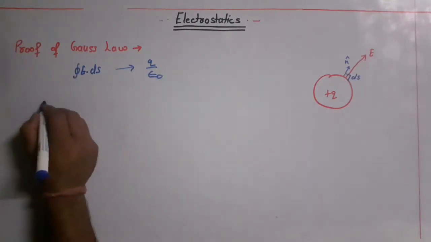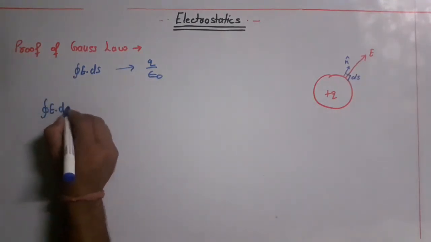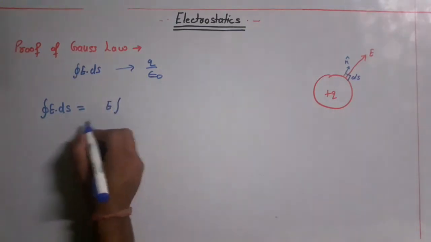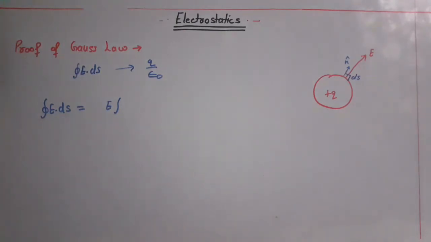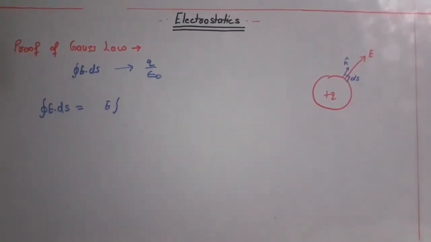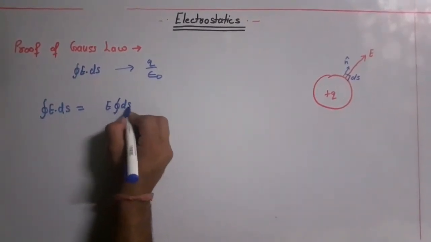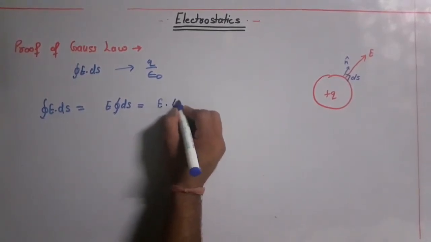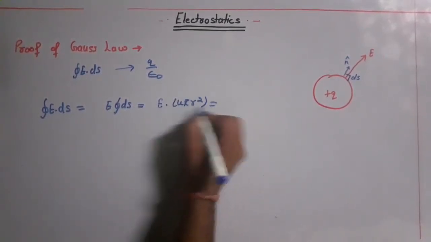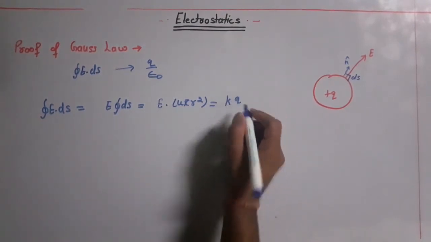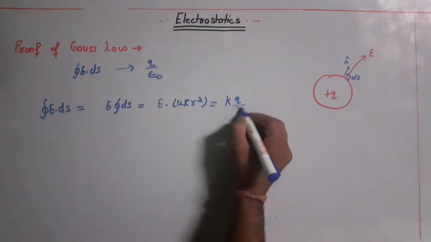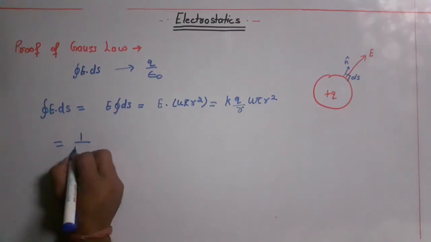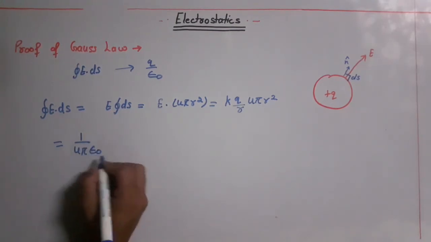So let's start. The integration of E dot ds becomes, E comes out of the integration, and the integral of ds. What is the value of ds for this sphere? The area of a sphere is 4 pi r square. Now put the value of E. The value of E is kq by r square, into 4 pi r square. What is the value of k? k is 1 by 4 pi epsilon naught.